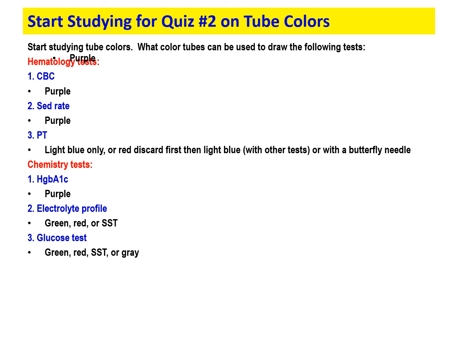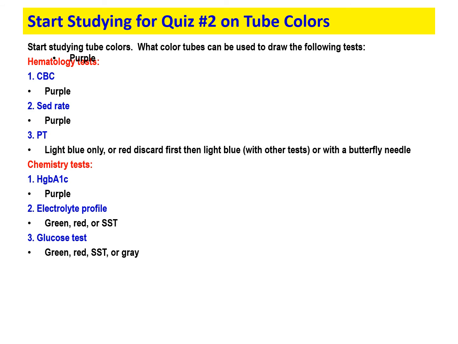Let's take the plastic red top tube first. The additive in a plastic red top tube is silica. That's that dusty white powder you see lining the inside of the tube. That additive is there to help speed up the clotting time. So a plastic red top tube with silica as an additive will clot in anywhere from 5 to 15 minutes.